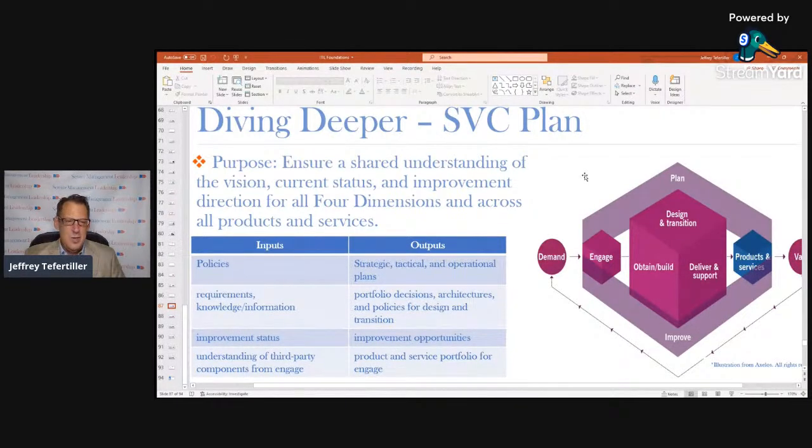You're inputting your understanding of third-party components from Engage, and you're outputting your product and service portfolio. Hopefully that makes sense. So each one of these will have inputs and outputs, even though they're activities. If you think of every activity you do in this world, it has inputs and has outputs. This is no different.